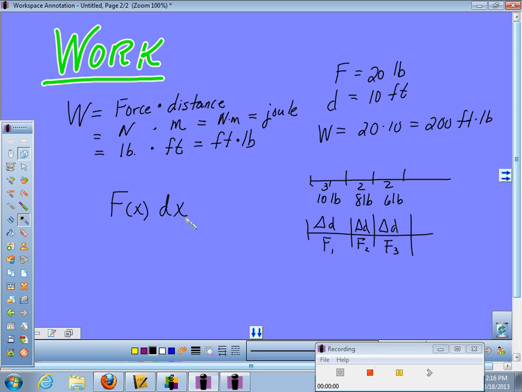The sigma thing. And then I put a limit on it to make my distances all go towards 0. In other words, it becomes integration. It's nothing more than the integration of the force times dx, from a to b, being where you move it from here to here.